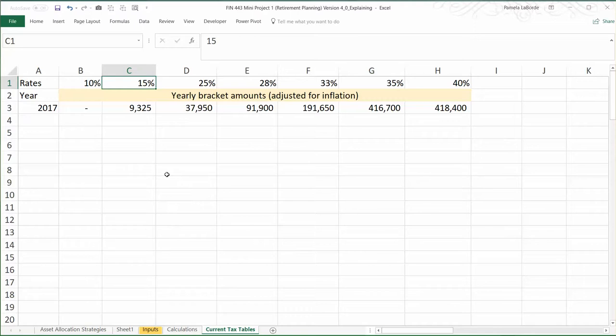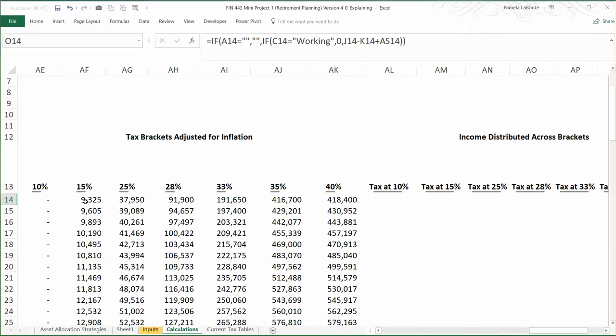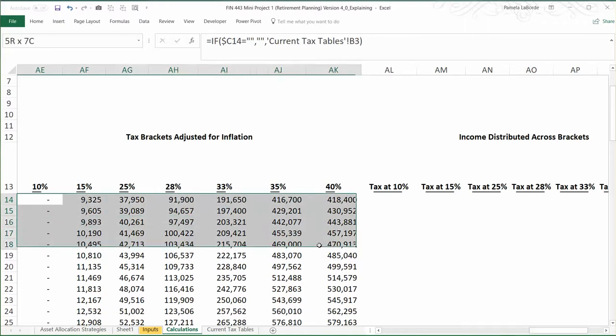But the IRS kind of approximately indexes these bracket amounts by inflation. It doesn't work exactly that way, but for the purposes of this project, we'll assume that it does. So these are only 2017 values. I essentially have to calculate these bracket values for every year.